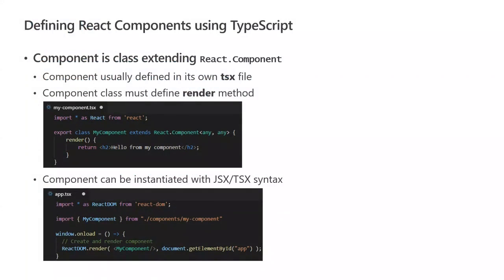Now, what you're going to see is that if you use the older version of JavaScript, which is ECMAScript 5, or the newer version, which is ECMAScript 6, or you use TypeScript, there's 3 very different types of syntax you will use when using React.JS.